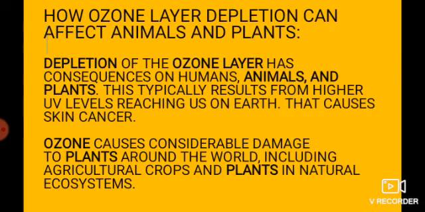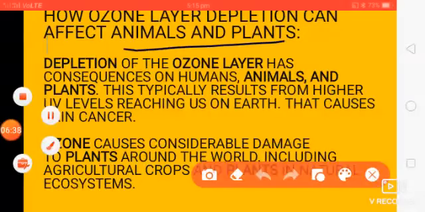So how can ozone layer depletion affect animals and plants? As you know, we have already discussed how the ozone layer gets worn out, or disrupted, or depleted. So what would happen if that depletion occurs? It affects animals and plants directly, right?